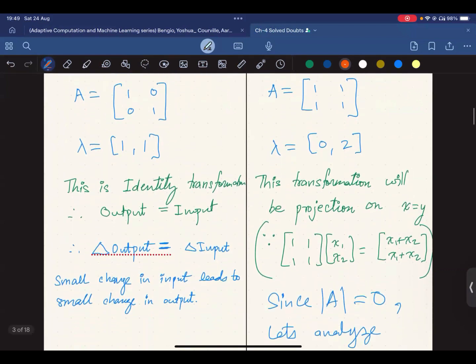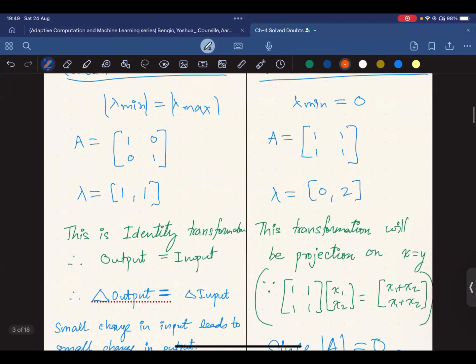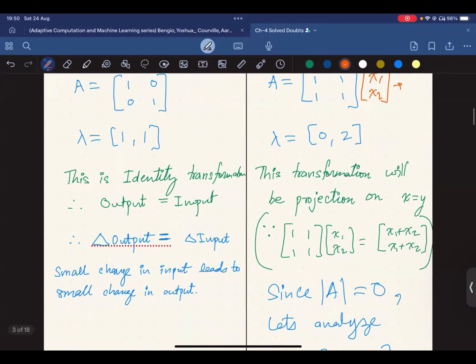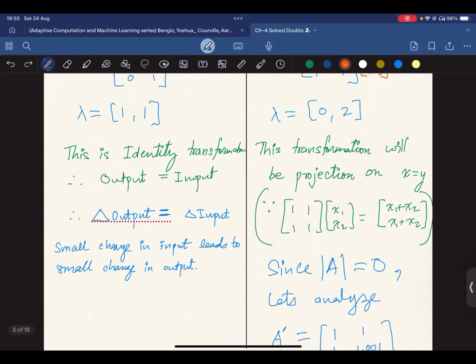This transformation will be a projection onto x equals y, because whatever you multiply here, x1 x2, the output will be x1 plus x2 in both dimensions, which will lie on the line x equals y.